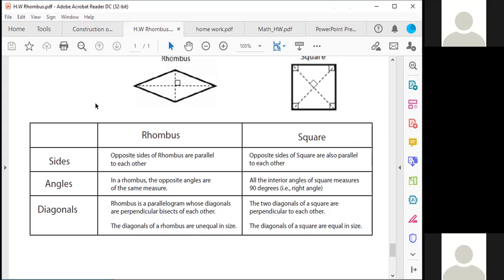Okay. Angle part is good. Again, a rhombus is a parallelogram whose diagonals are perpendicular bisectors of each other. You cannot say the diagonals of a rhombus are unequal in size.